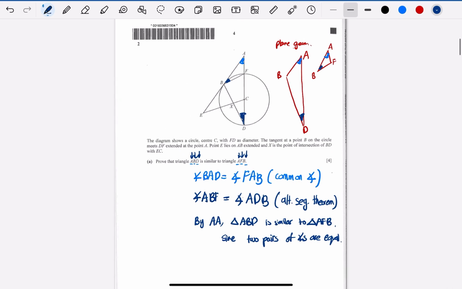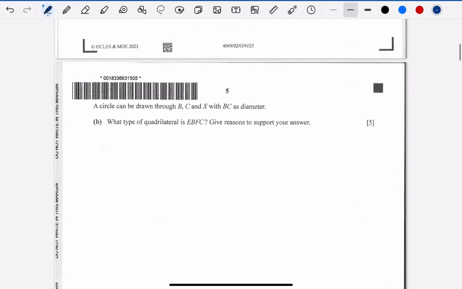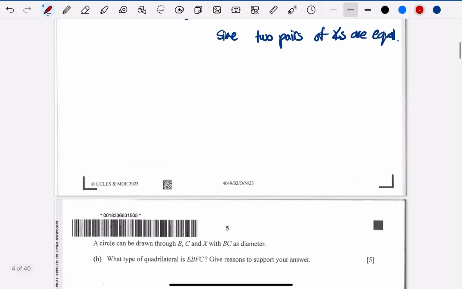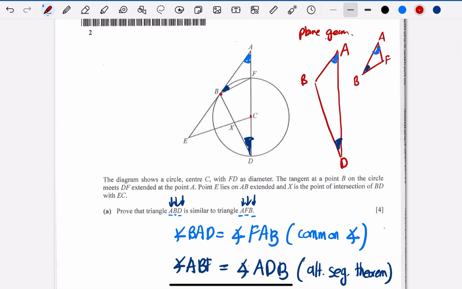Okay, so this is how you do question 2A. Then for part B, they tell you a circle can be drawn through B, C, and X, where BC is the diameter. Okay, let's draw this first. So they tell you B, C, and X, where BC is the diameter, and let's draw this circle out.